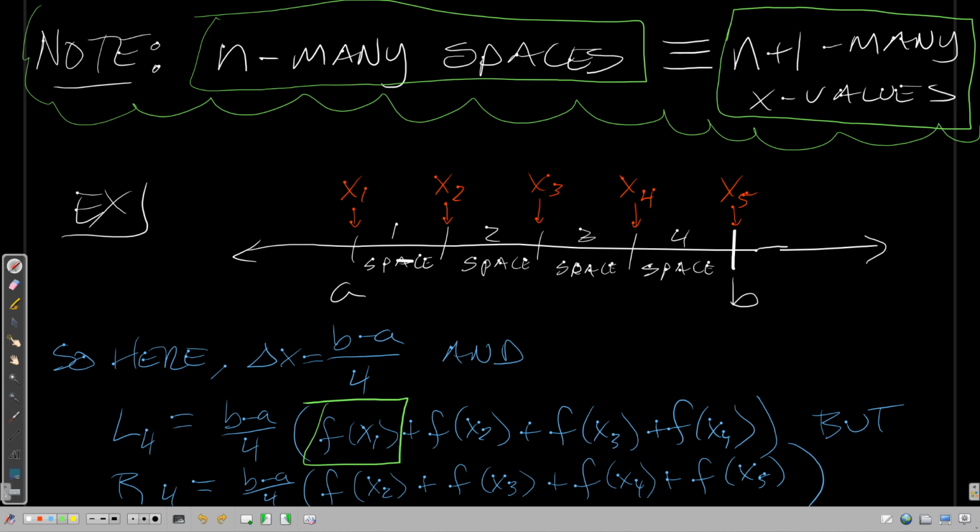But it will have 4 heights because it's just 4 rectangles, but it starts with the leftmost one. For a right Riemann sum, you do not start with the leftmost one. You end with the rightmost one. And as soon as you realize that this happens, you can start making Riemann sums without ever having a picture or anything.